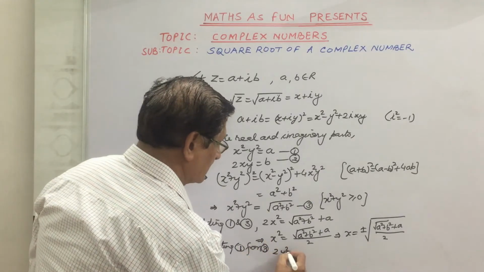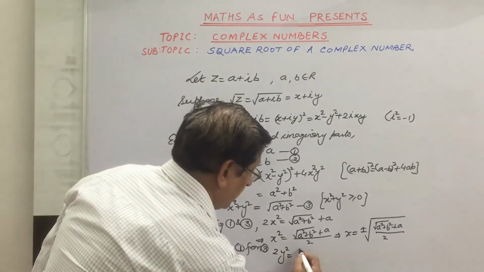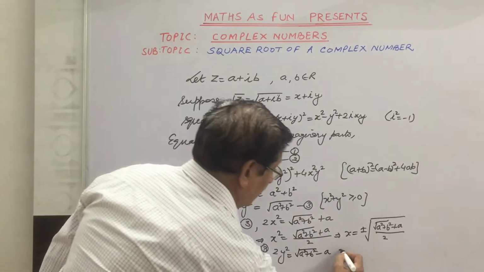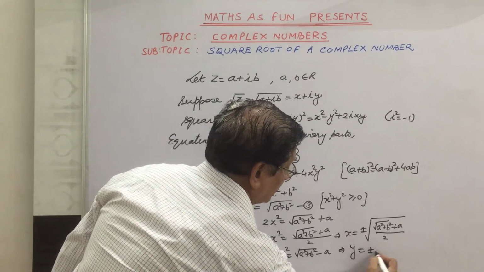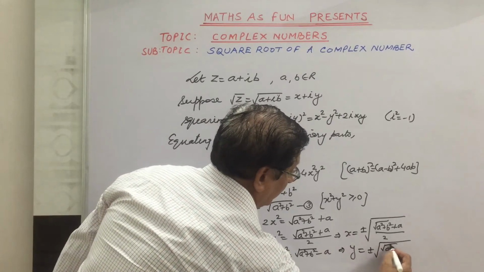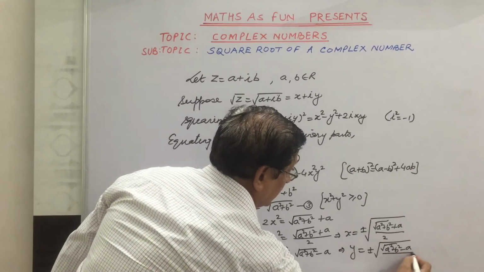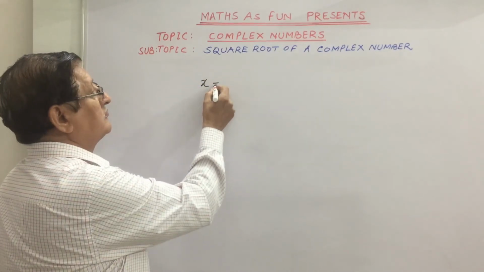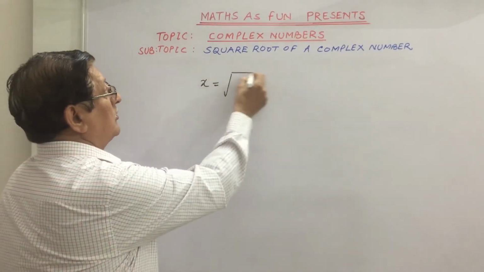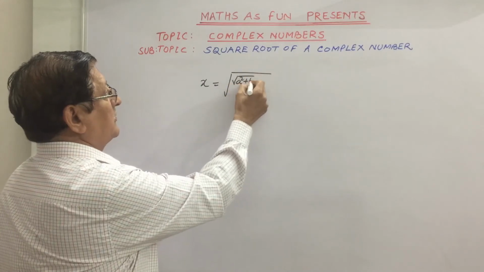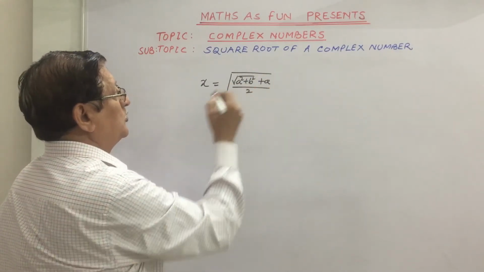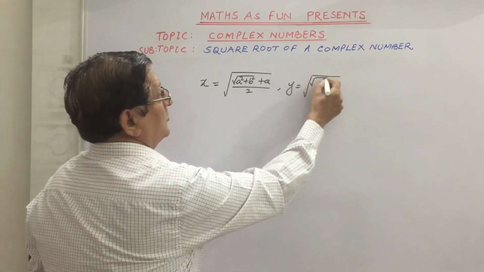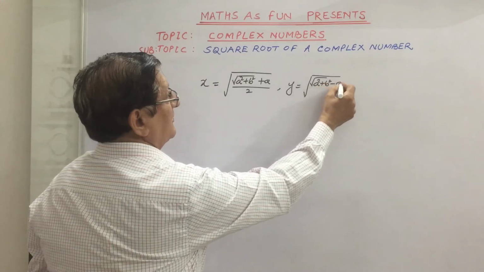We will have 2y square is equal to root of a square plus b square minus a, and this will give you the value of y as plus minus root of root of a square plus b square minus a upon 2. We got the value of x as root of a square plus b square plus a upon 2, and the value of y as root of a square plus b square minus a upon 2.